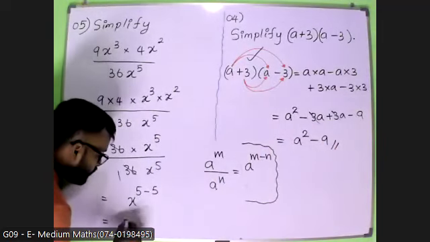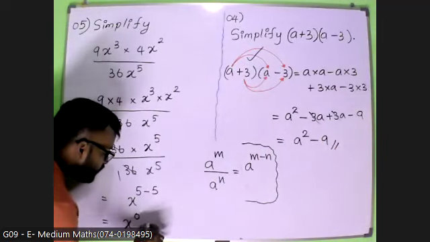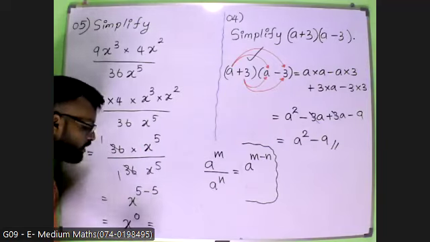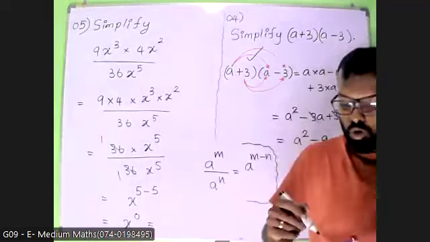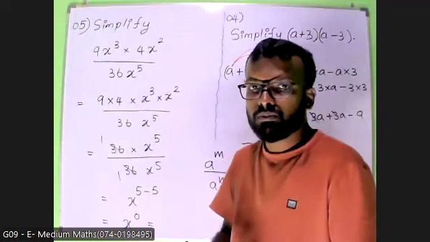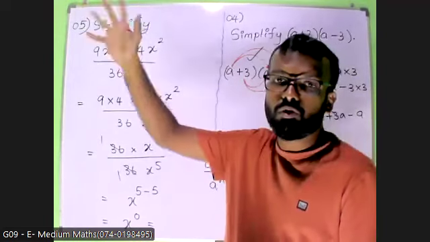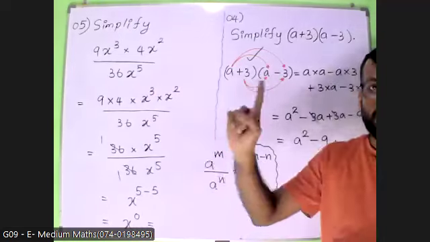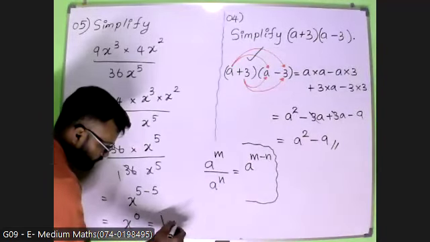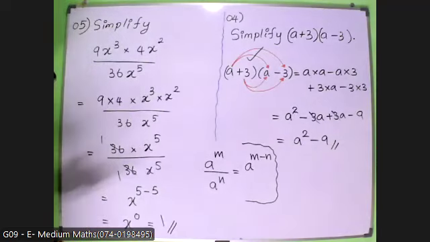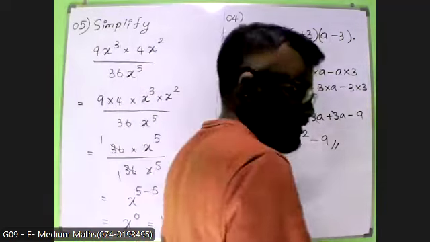I have done this also. X to the power 0. What is the answer? Any number or any algebraic term with power 0, what would be the final answer? It is 1. So the final answer will be 1.